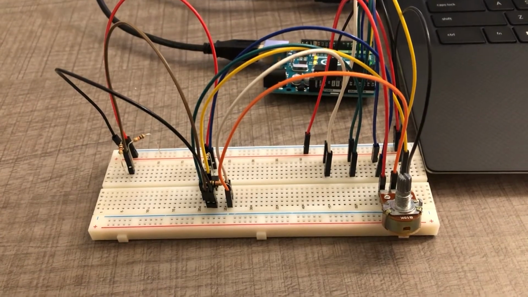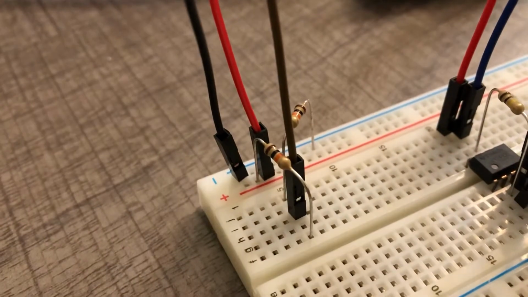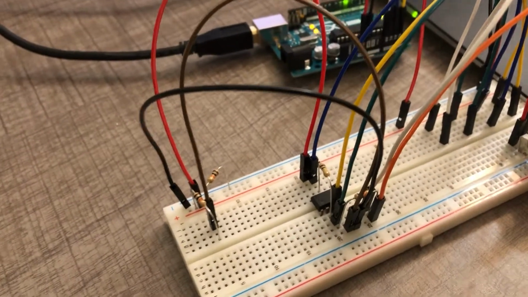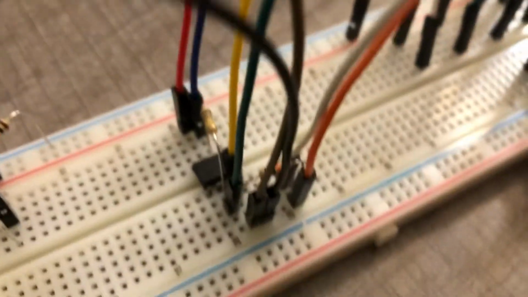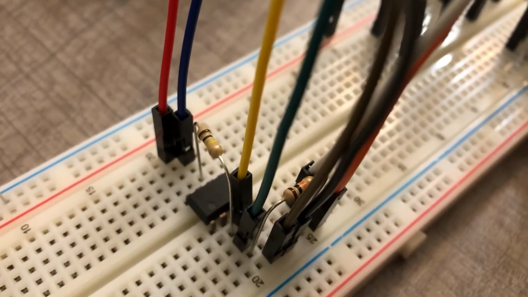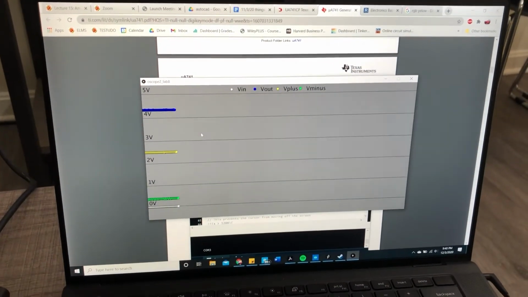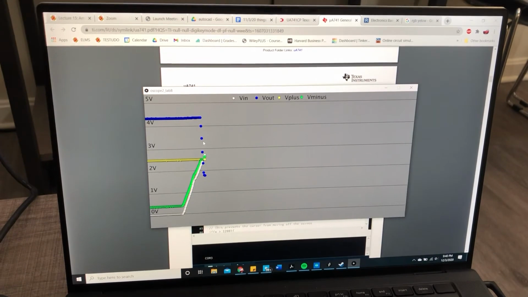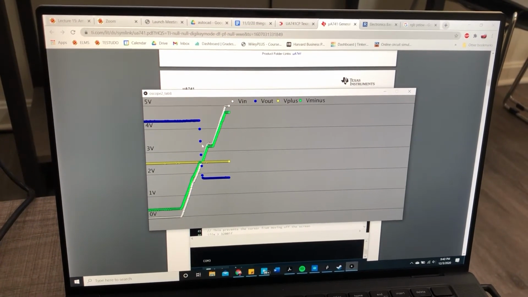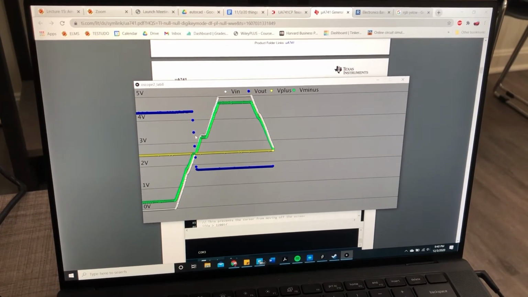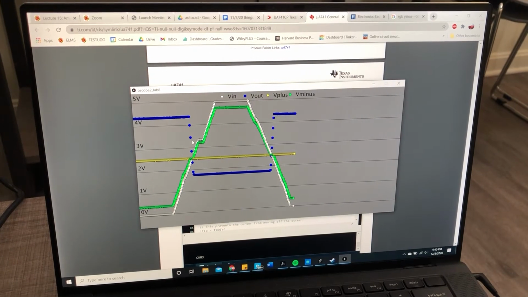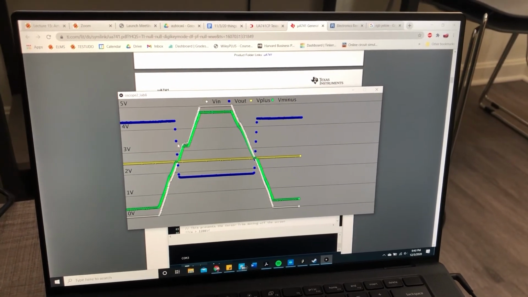Here we have my inverting amplifier, and our gain is negative 10. That is my 2.5 volts that's going into V plus. And from this, as we'll quickly see in the processing code, it's going to plateau at certain numbers, but it's still going to be inverted when V minus is lower than 2.5, as you can see right here, and then it jumps and plateaus again at around 1.8 volts, and that's going to be the lower end of our amplifier, as you can see by the last circuit.